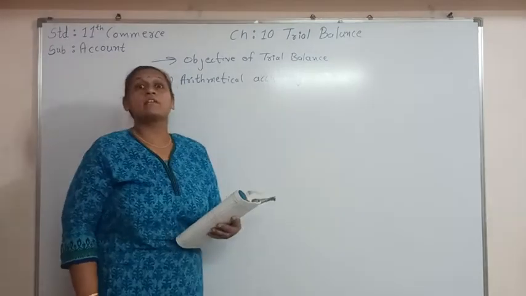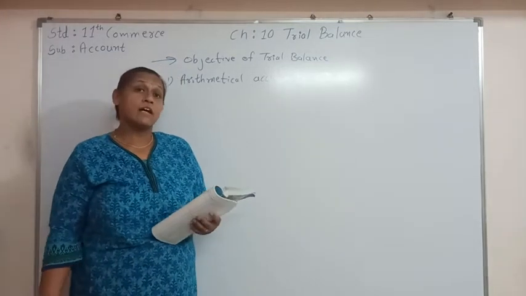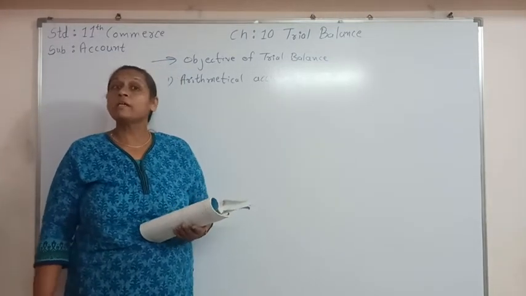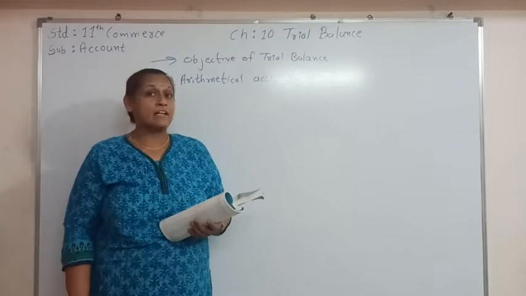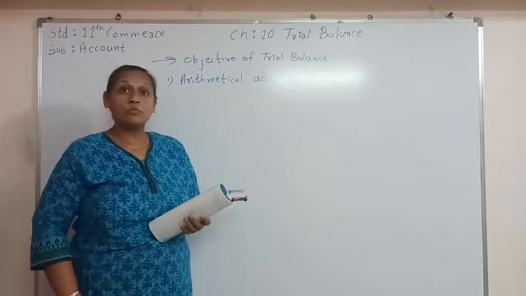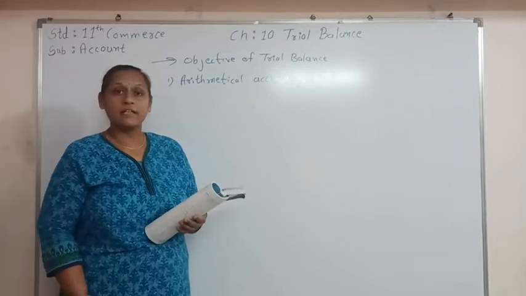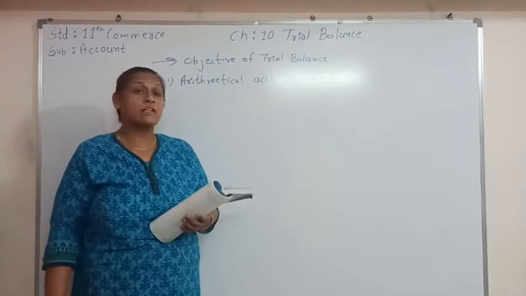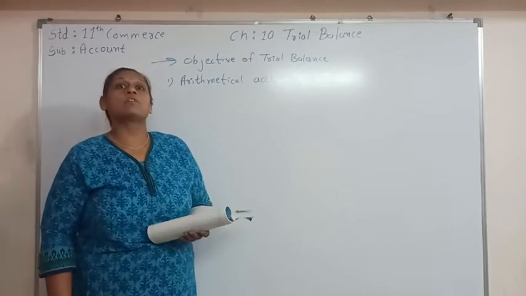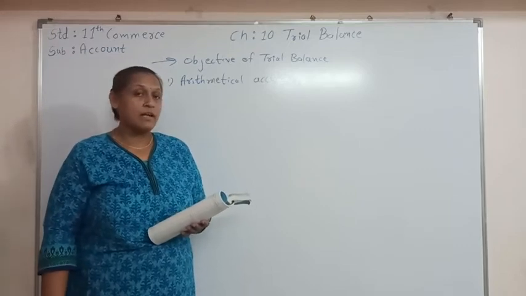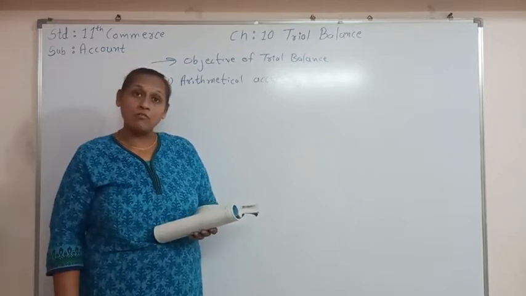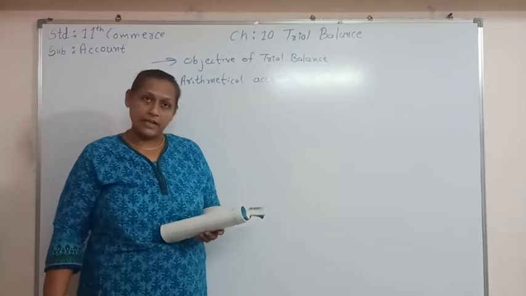Whatever account is written, whether it is accurate from the point of view of arithmetic can be known from the trial balance. That means if any error has been made, it can be found when we are preparing the trial balance. So the accuracy of the accounts can be checked from the trial balance.